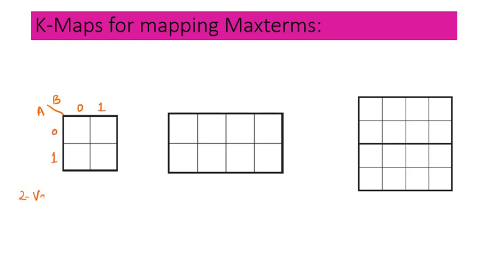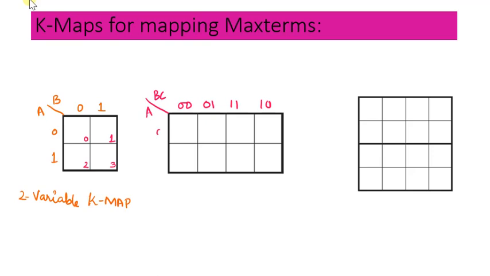You have 3 Karnaugh maps here, and the first one corresponds to a 2 variable Karnaugh map. The decimal notations will be the same for the Karnaugh maps, similar to the ones that we have seen while mapping the minterms.